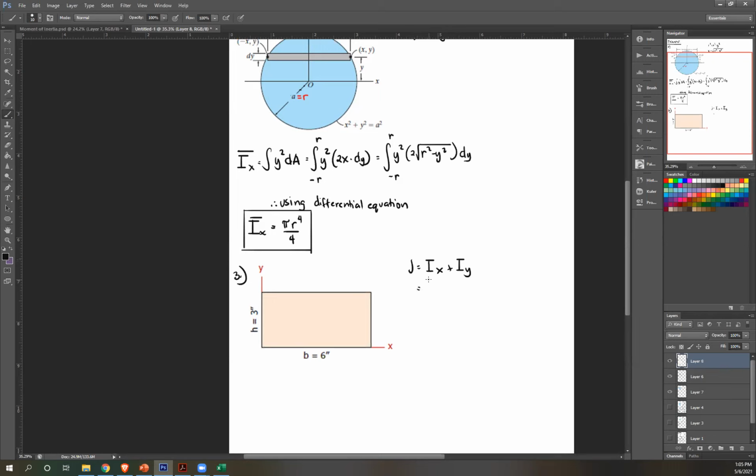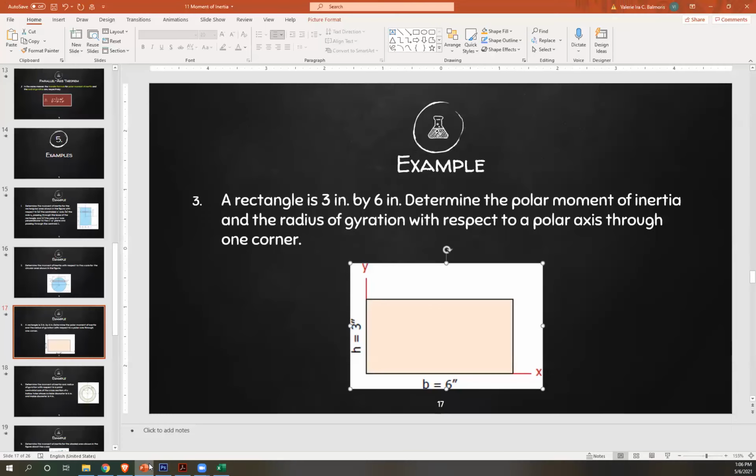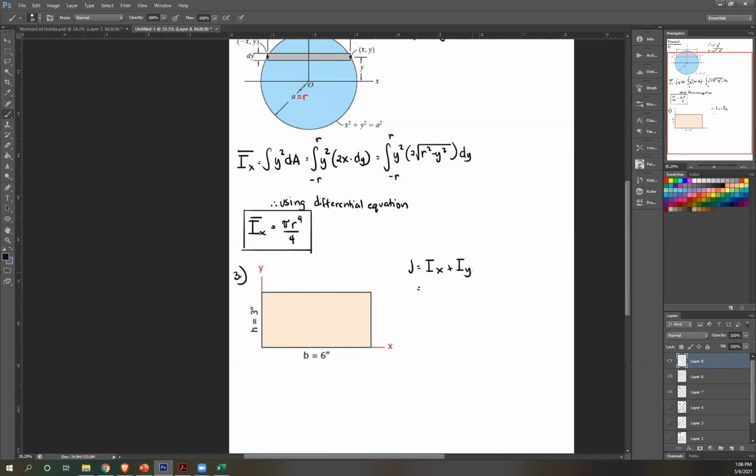Well, we've solved for the equation of moment of inertia of a rectangle. To be more specific, this is about our x-axis and our y-axis, so about our base and about this height. We have an equation about the base, right?